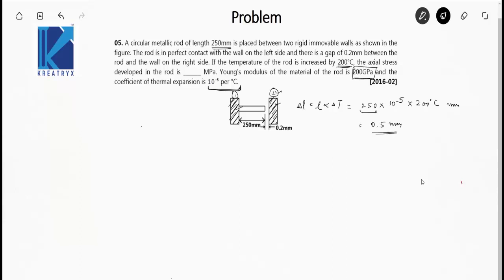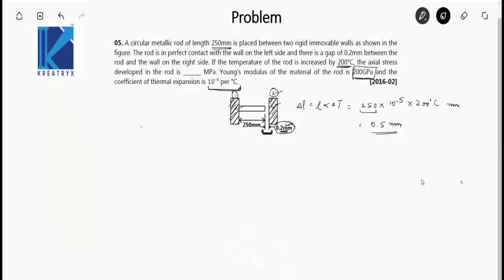Now see here that 0.2 mm length of the rod is free to expand, and after it expands 0.2 mm, the restriction by the wall starts.